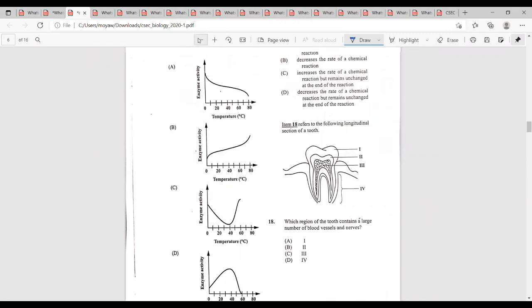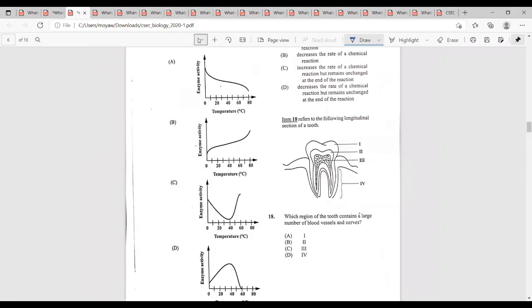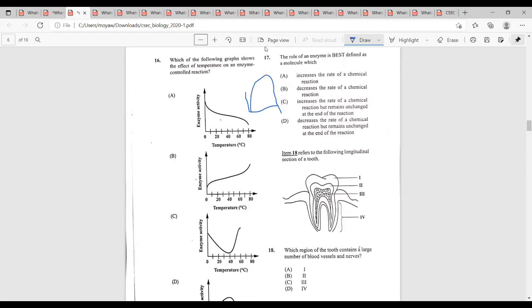So we're talking about an enzyme-controlled reaction. So that means we must have an optimum temperature. All right, so let me just draw a graph. So that means our graph must look something like this, and we must have an optimum temperature.